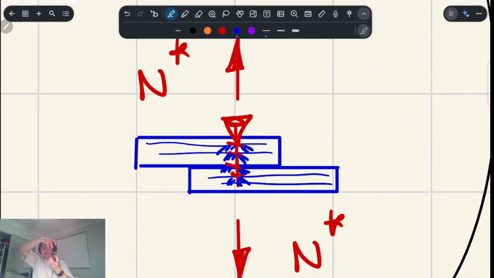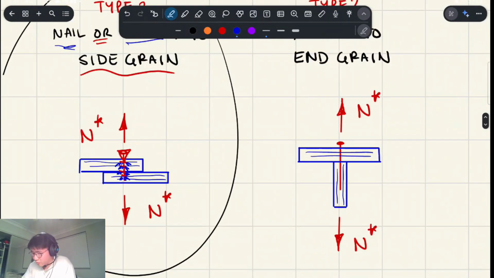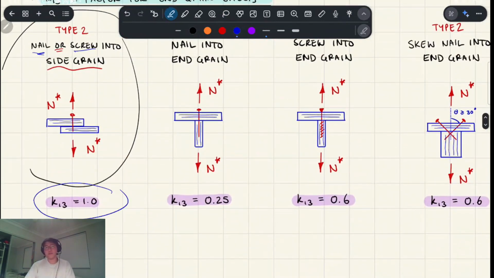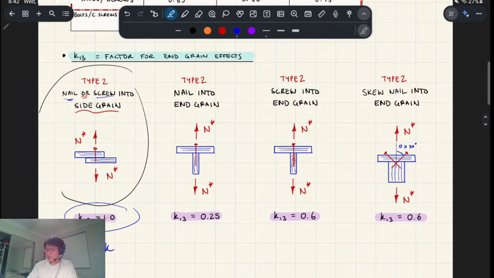So you're engaging a lot more material, and it's mechanically anchored in. When you try to pull it out, it's going to have way more strength. I'm going to try and undo all this, but anyway, the factor is just one, but the capacity that you'll see later on, QK, is going to be vastly different. Anyway, a nail into end grain and a screw into end grain behave differently.